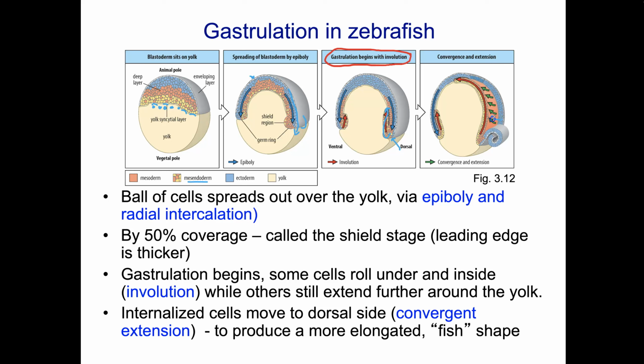The cells are both migrating and intercalating with each other, doing what we would call convergent extension, but this includes migration as well, so that you end up on the ball of yolk, along the dorsal side, with this fish body, because all the cells have moved around and are now forming a full embryo with all its proper structures. A recognizable fish shape.